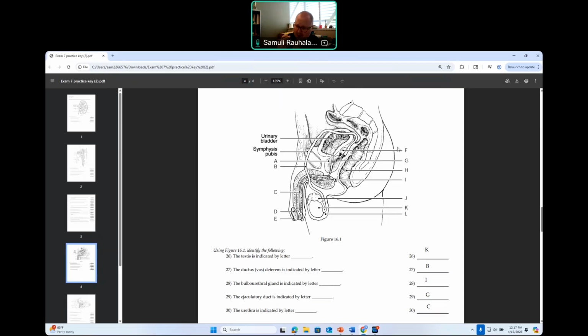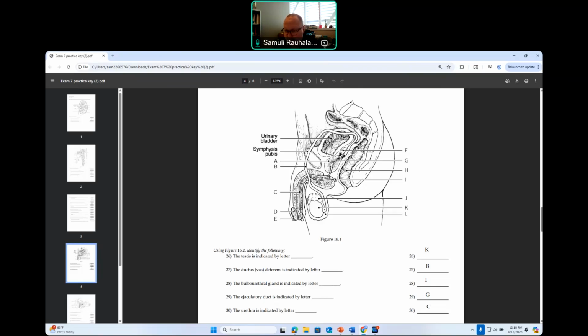Secretions from here provide a boost of energy for the sperm cells, which have now swum half of their journey at this stage, so it is well needed. Then the ejaculatory duct continues, shown as letter G on this picture, and also captured in question 29. This is the last part of this duct system where the urinary and reproductive systems are still separate. These ducts continue through the prostate gland, as shown with letter A here.